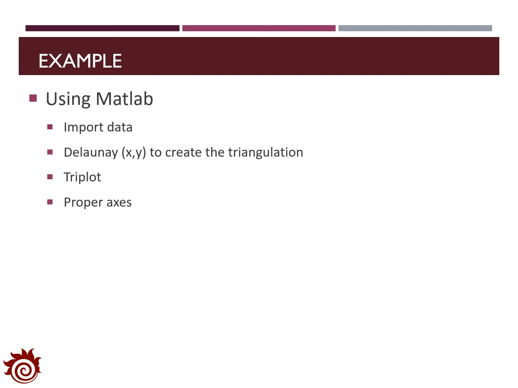We can use MATLAB, an engineering programming language, for the generation of the topographic map with the raw data. In this program, we will first need to import the data that we showed in the previous page, and then we will call the Delaunay function to create the triangulation. After that, we will call the triplot function for the generation of the triangulation plot.